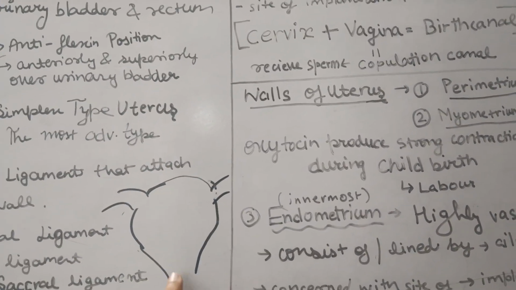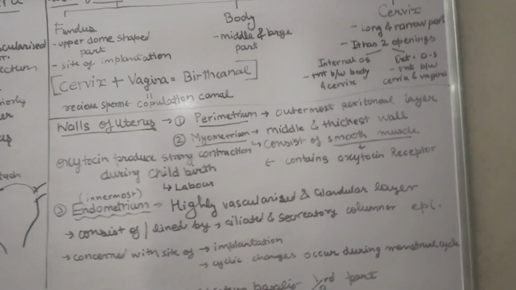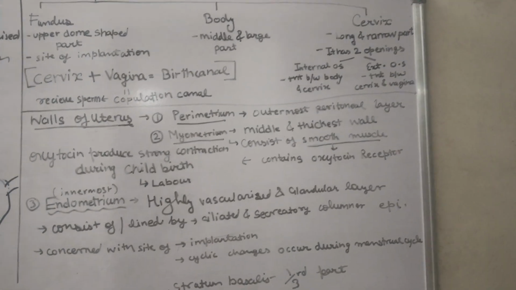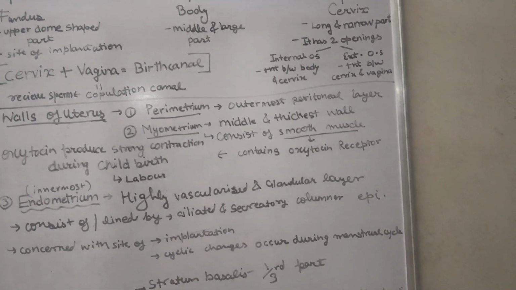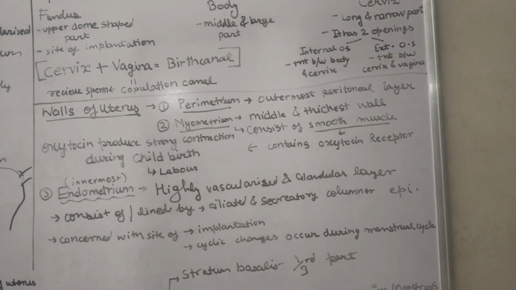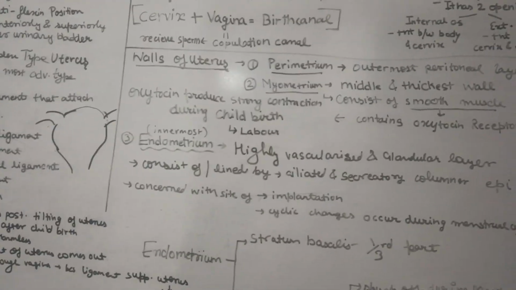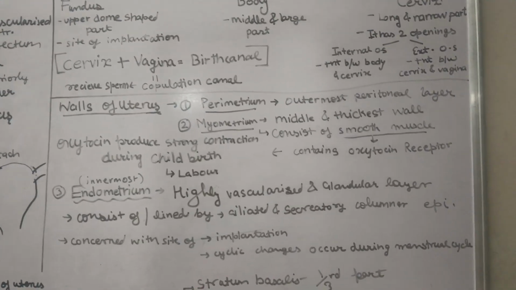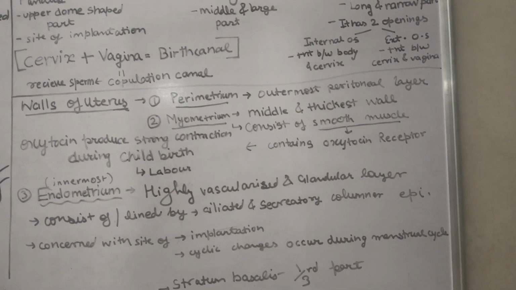The internal one is present between the body and the cervix, which is going here. A sphincter is something you also have in your alimentary canal. And the external opening, or you can say sphincter, is present between the cervix and the vagina. Vagina we'll talk about in the next session. So the part after the cervix is the vagina. Between them is the cervix's external opening.